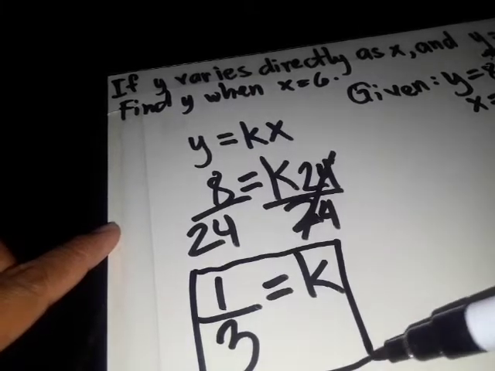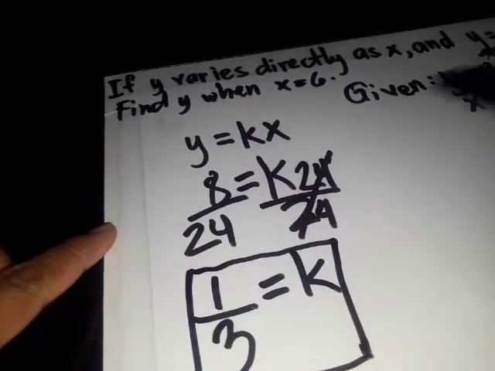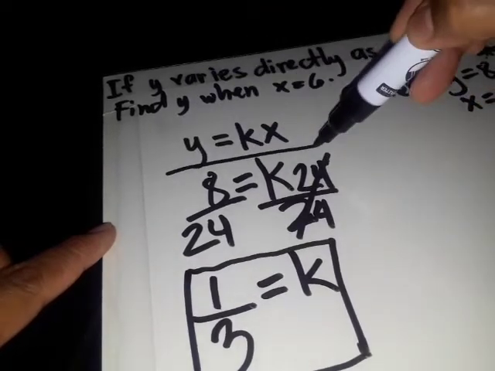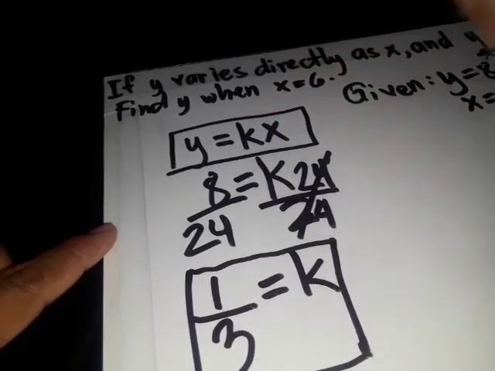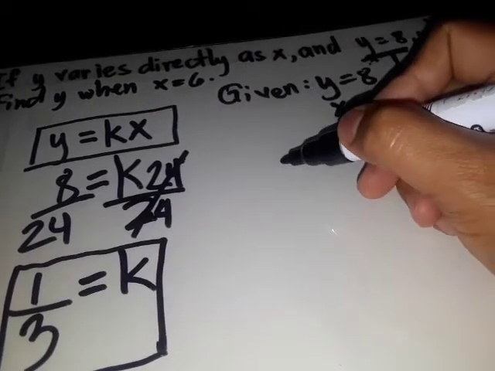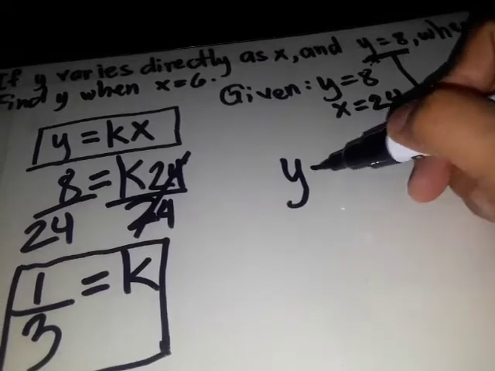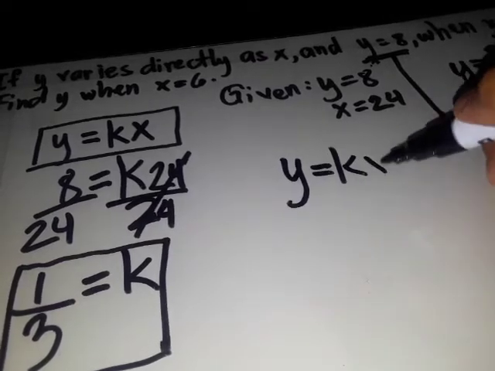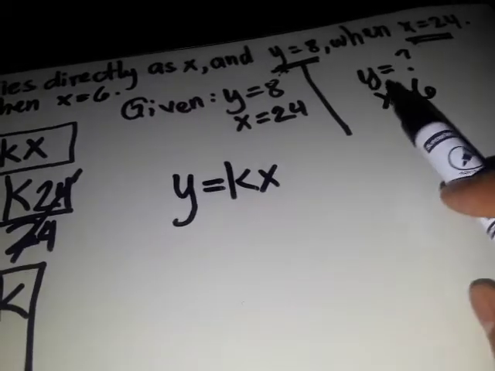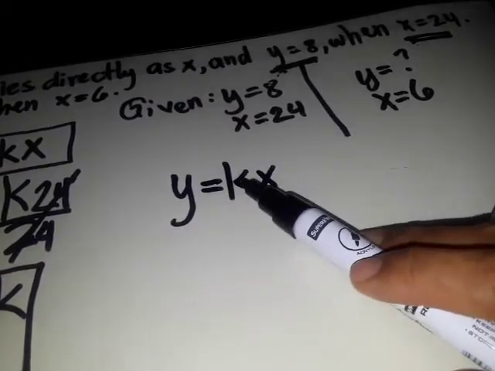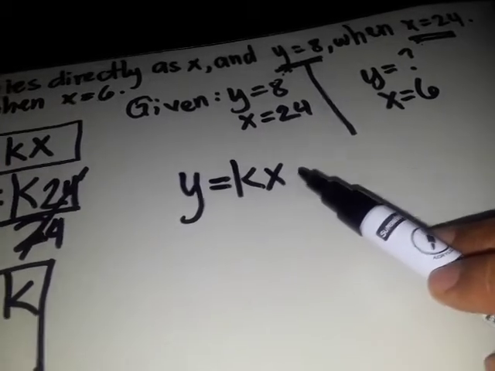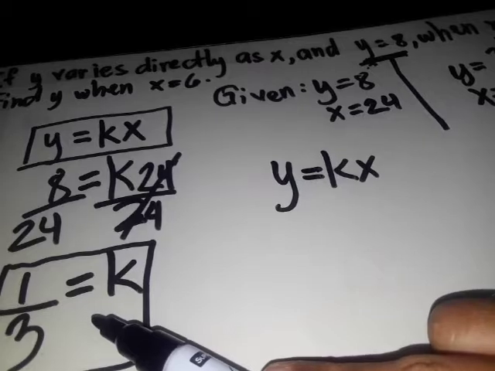1/3. Okay. So, pag nakuha mo na si k, gagamitin mo ulit ang ating equation. Okay? So, isulat natin sa equation dito, y is equal to kx. Ngayon, since ang hinahanap natin ay y, isubstitute na lang natin si x dito at saka yung nakuha nating k.